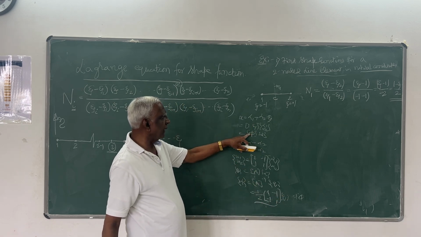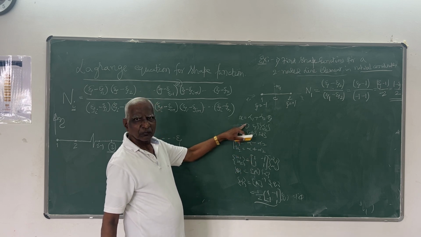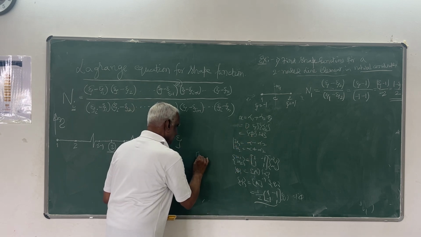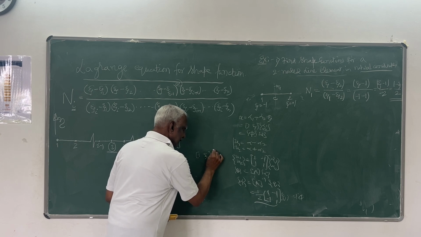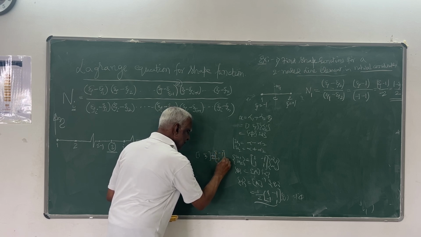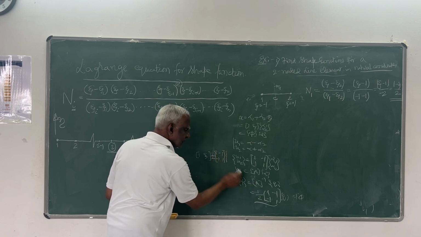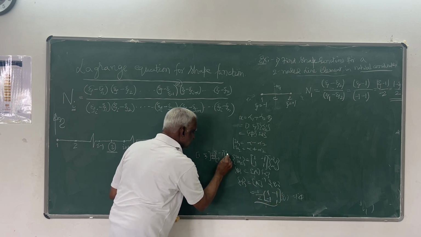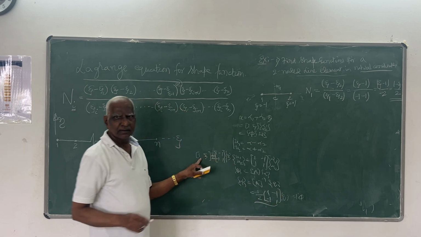This multiplied by pi, one side, into half into 1 minus 1 into that U, Q. Correct?